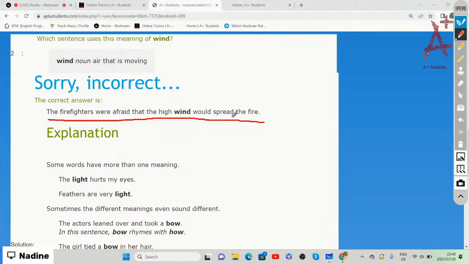So this is a correct sentence, right? Because wind, which is the air that is moving, indicates the weather. If the firefighters have to stop a specific fire from spreading, the wind usually worsens it, because the more the wind blows, the more the fire will spread, right?